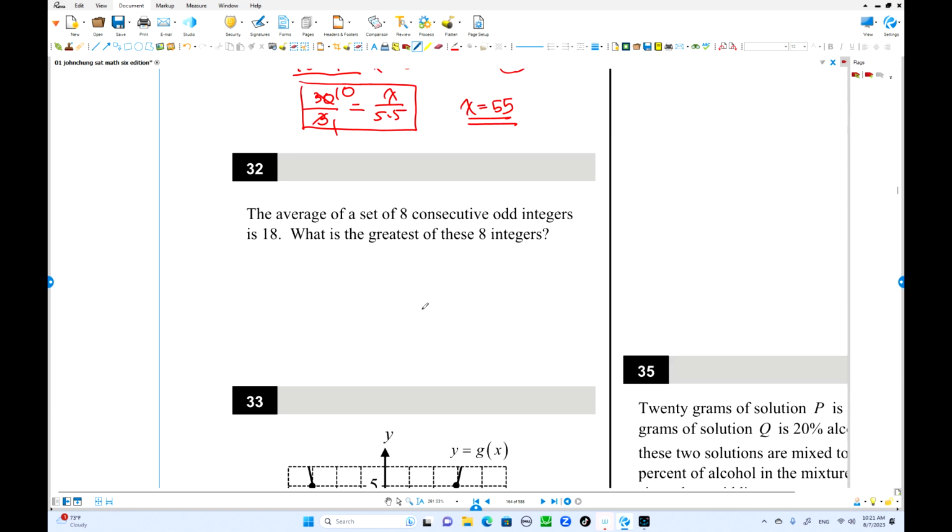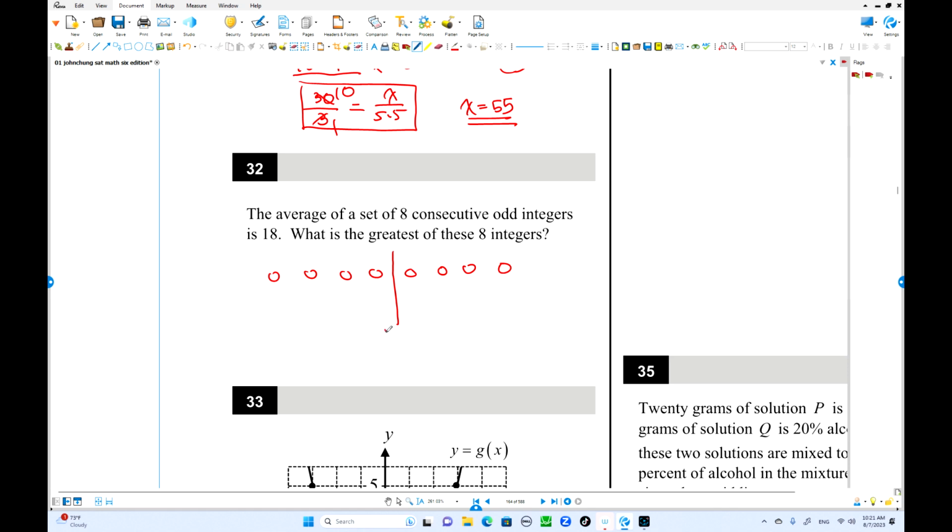Now, number 32. The average of a set of 8 consecutive odd integers is 18. What is the greatest of these 8 integers? We have 8 numbers: 1, 2, 3, 4, 5, 6, 7, 8. And this is the middle, right? This is arithmetic. They increase by the same number, which is 2.